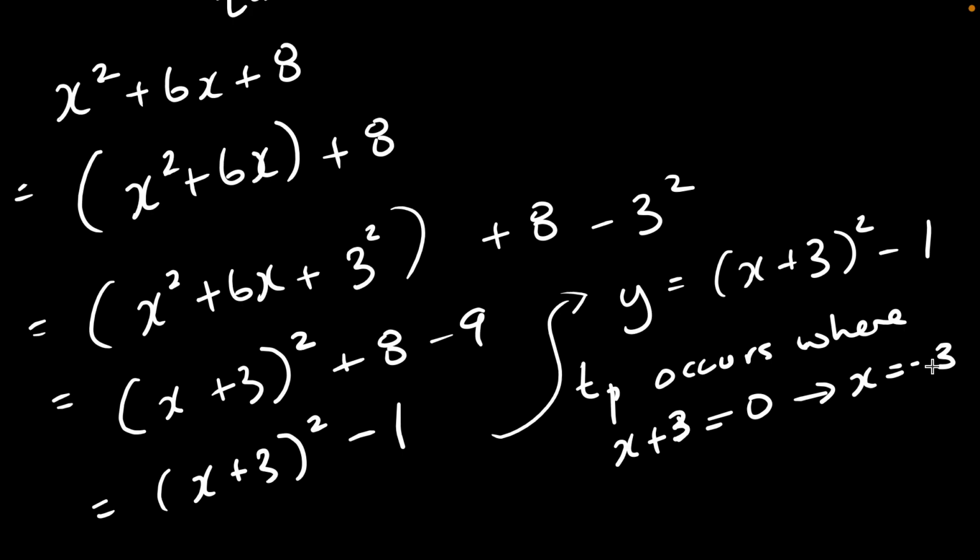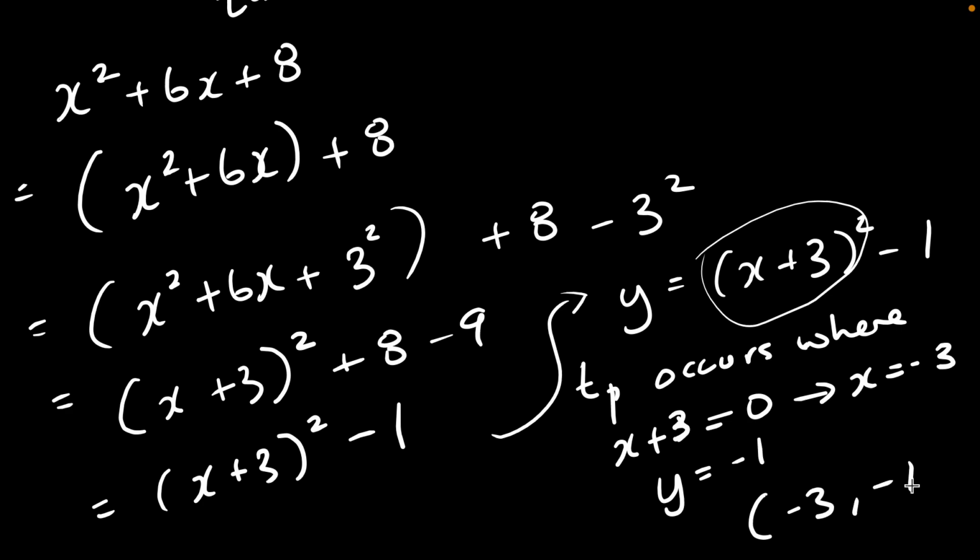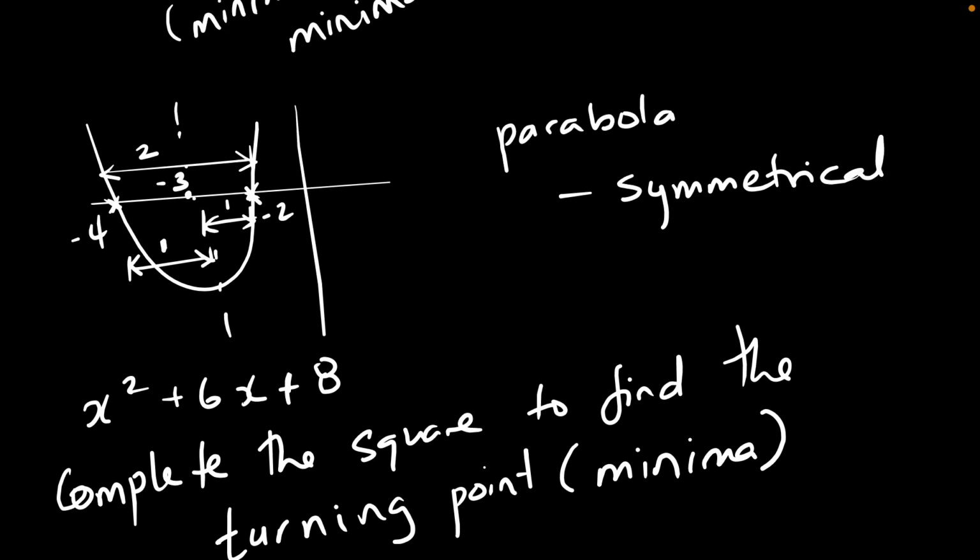So that works perfectly. Now, having said that, if this is -3, then all of this here becomes 0. And that means that y is -1. And that means your actual turning point is -3, -1. So we can probably scroll up to where we had this before.